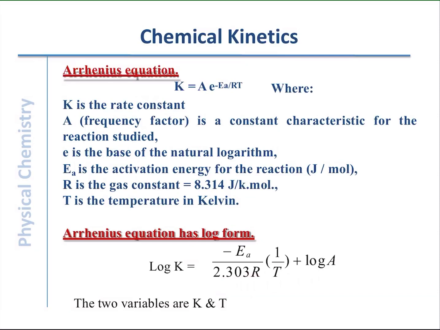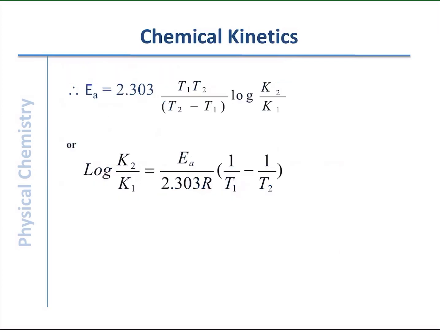What are the two variables in the Arrhenius equation? The two variables are temperature and K. So if you know K, you can calculate T, and if you know T, you can calculate K, or the rate constant. You can write the same equation in another form.